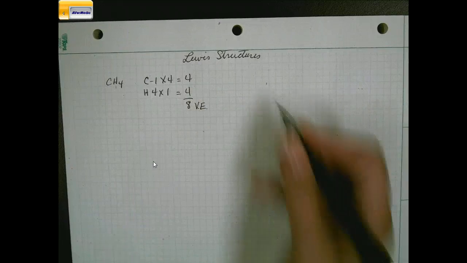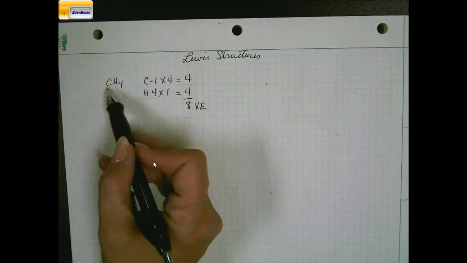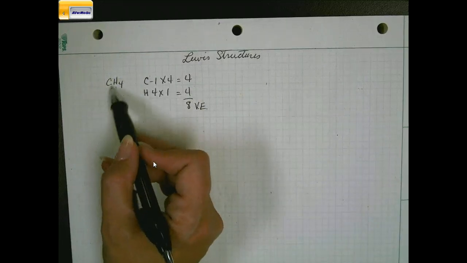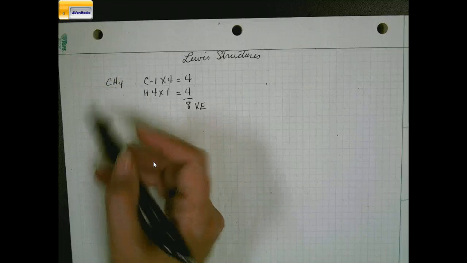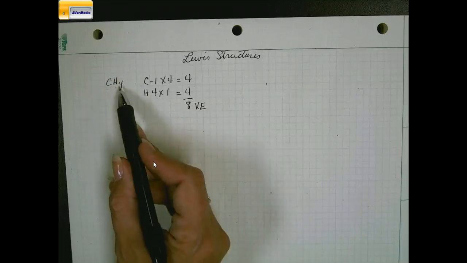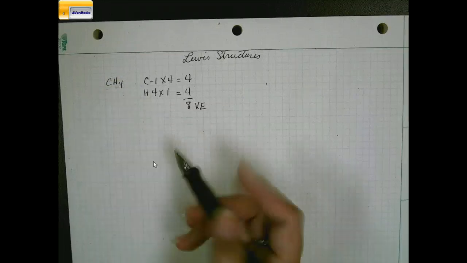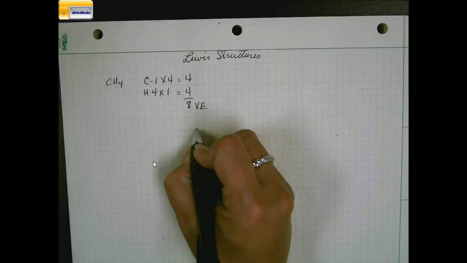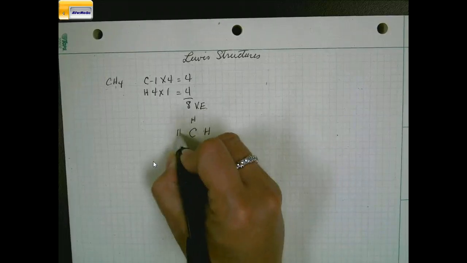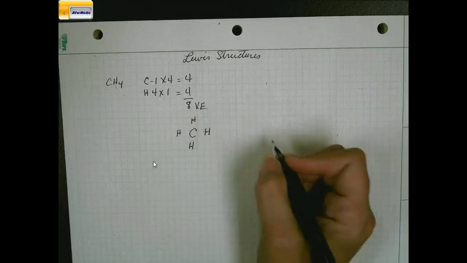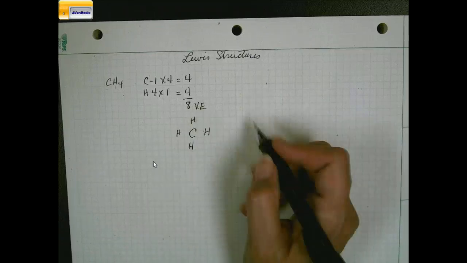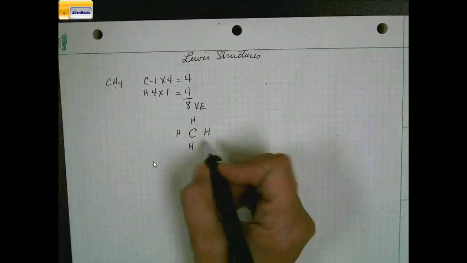And so we typically in a formula put the atom that will be in the center of the molecule at the beginning, and then the atoms that will be on the outside of the structure are listed next. So we are going to put carbon in the center, and we will put the 4 hydrogens surrounding the carbon, and we have 8 valence electrons to deal with, and we need to connect our atoms.